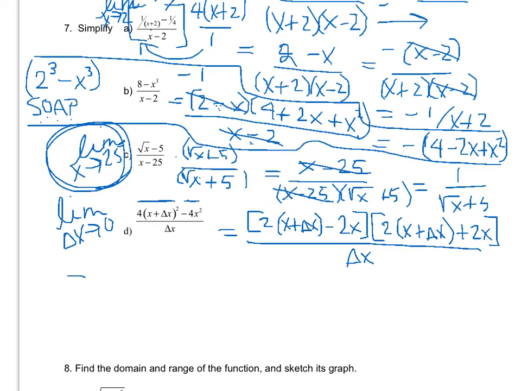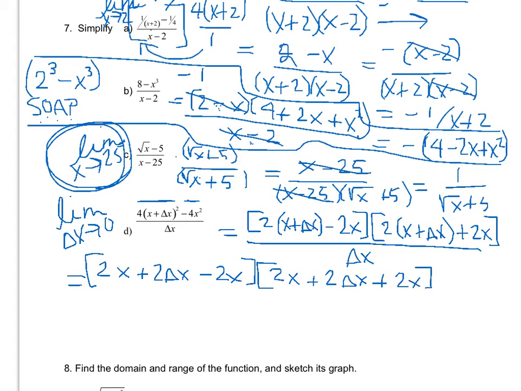Now let's do some algebra in here. We've got 2x plus 2 delta x minus 2x. See some possibilities in that one. In the next brackets, I get 2x plus 2 delta x plus 2x. Nothing cool happening there, and we're still over delta x.